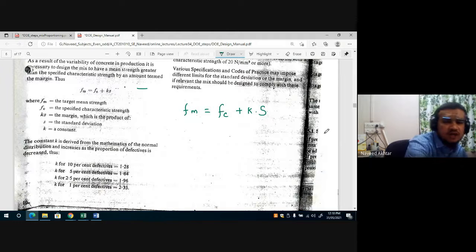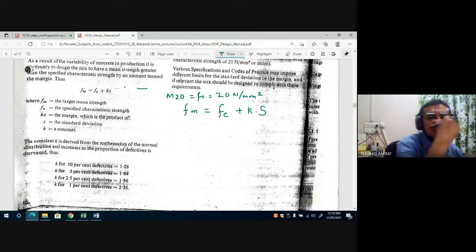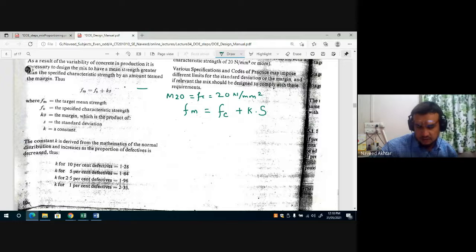What is Fc? If you are going for M20 grade of concrete, then Fc will be 20 Newton per mm square. If you are going for M25, then Fc will be 25 Newton per mm square. Fc is the specified characteristic strength.